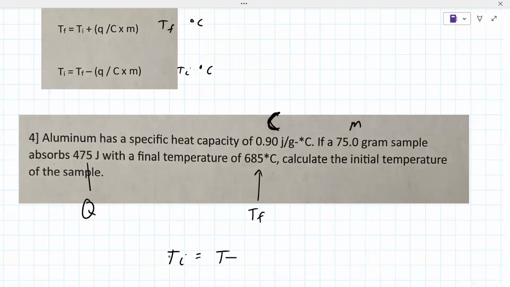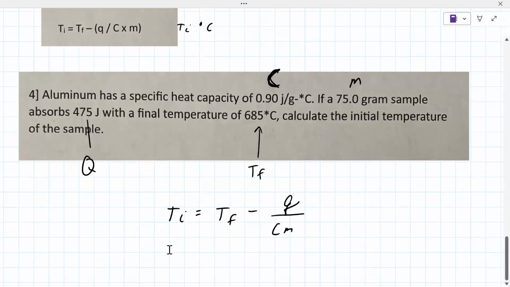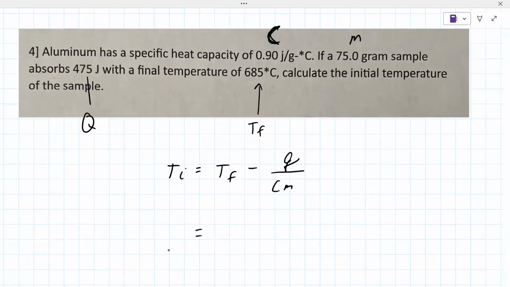We don't have to worry about deriving them, but just maybe double check with your instructor. So you've got 685 minus Q, which is 475 over 0.9 times 75. Wait, let me do it real quick.